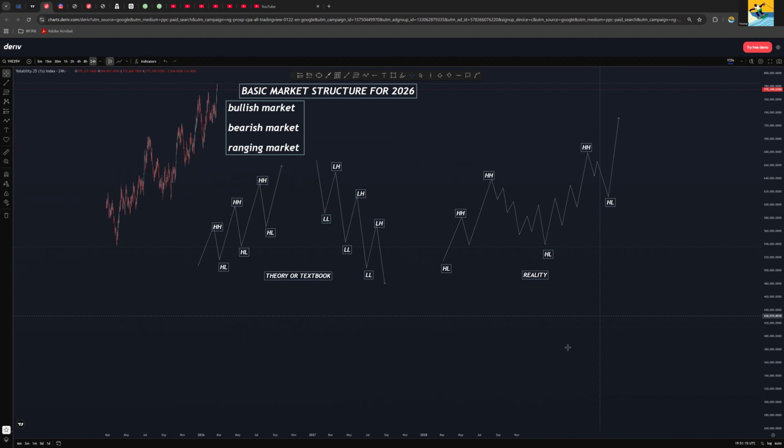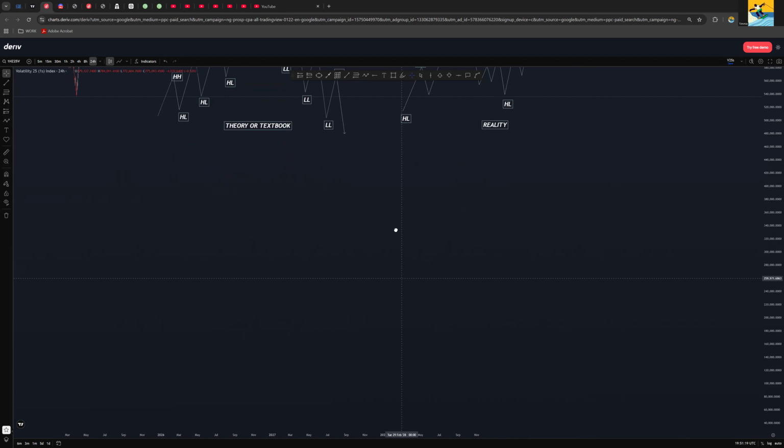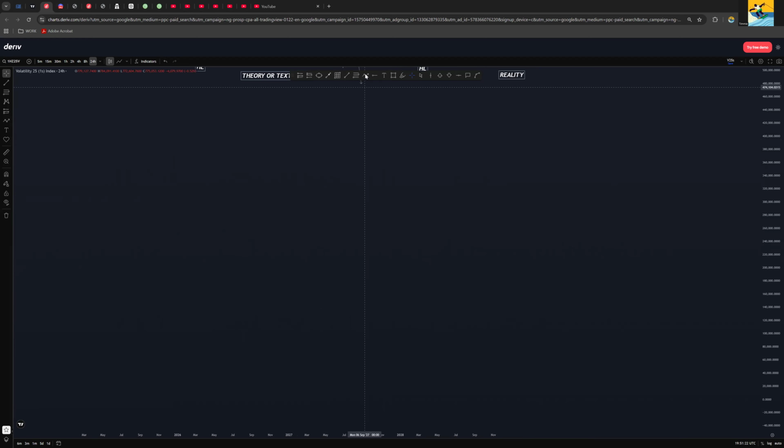So now let's do the bearish reality. So this is the bearish reality. In this context, we'll have a low, a lower high, a lower low, and a high. This is trading for you.